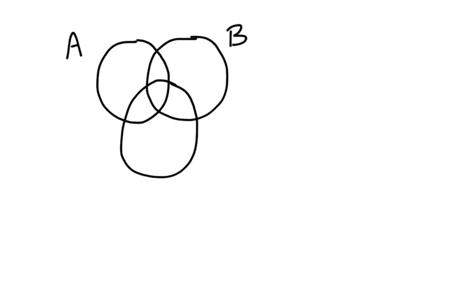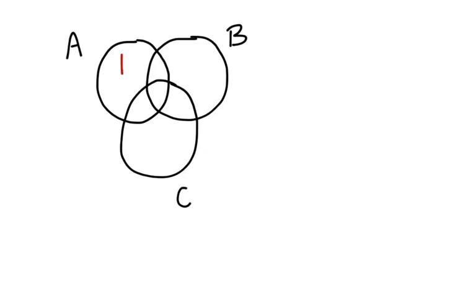Okay, let's ramp this up just a little bit. Now, instead of only having a two-circle diagram, we're going to have a three-circle diagram. Now we're looking at three sets, A, B, and C. You'll notice our diagram has a lot more regions now. So let's see how we're going to label those.